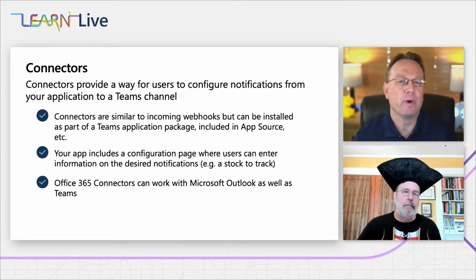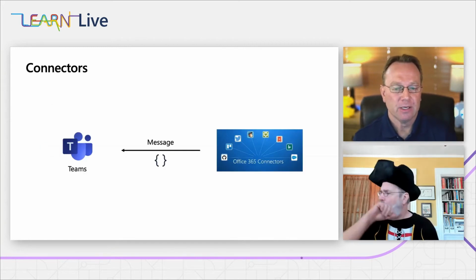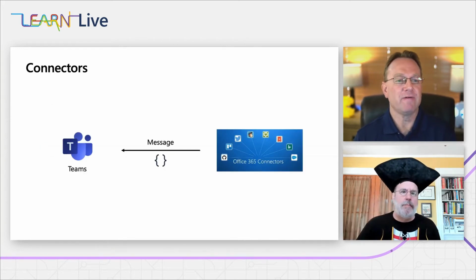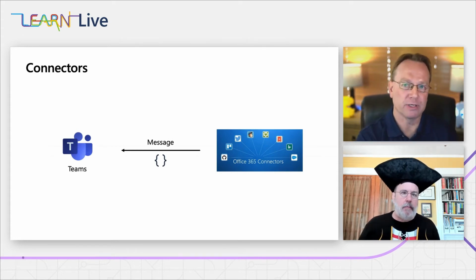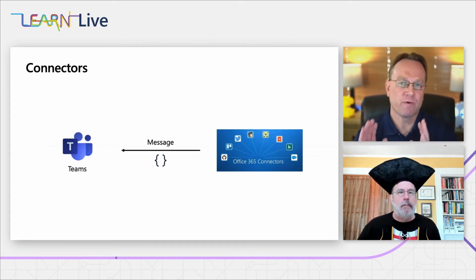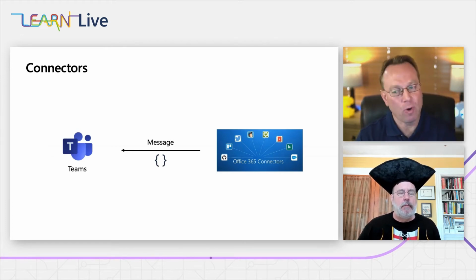With connectors, we can do this. Bob mentioned earlier you can also do these with Microsoft Outlook, but we're not going to go into that here. From a high level, these work the same as incoming webhooks, but with a much more formal process that Bob will walk us through in just a moment.